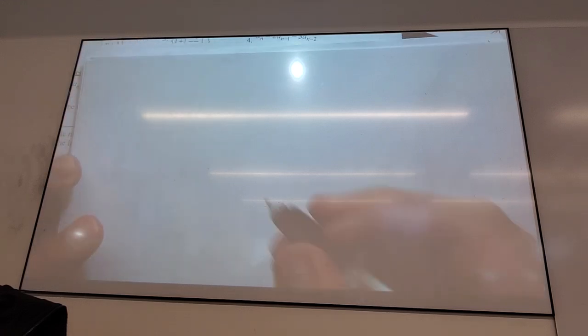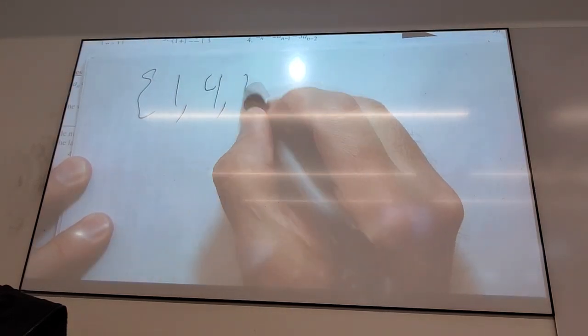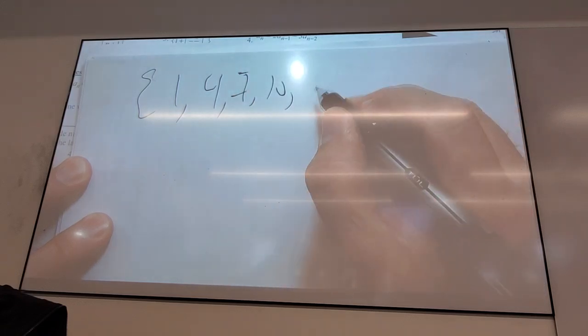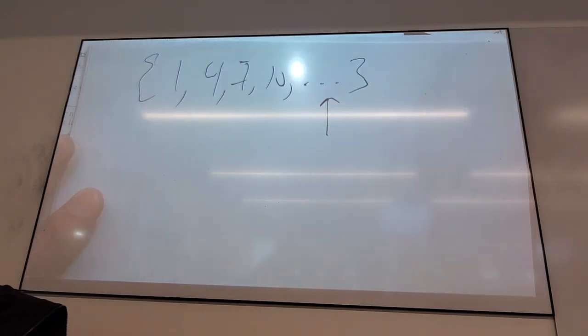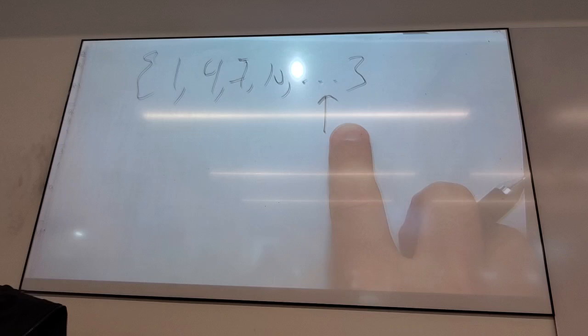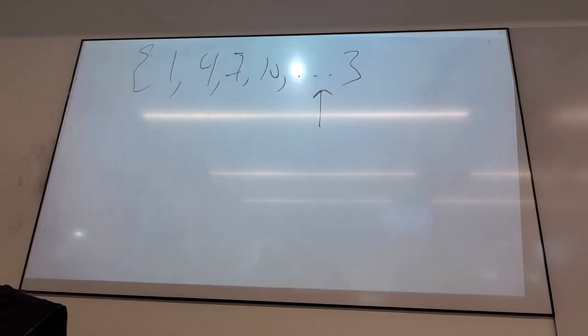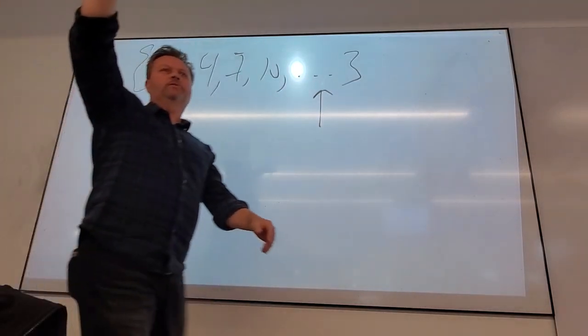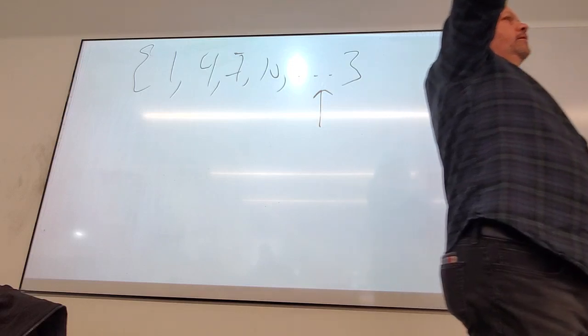Now, once I have a sequence established, once I'm looking at a sequence, there's a question I can ask, because what did I imply when I wrote the very first sequence I wrote? What did I imply by that? It goes on forever. I said dot. So would this sequence converge? Why not?